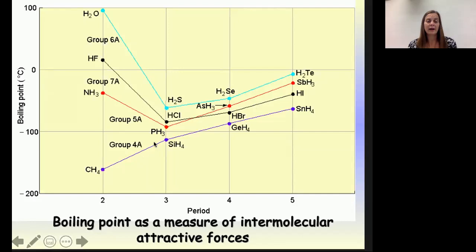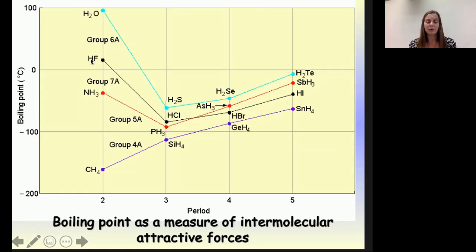And we're showing how as their mass increases, these have stronger intermolecular forces, which means they have higher boiling points. This group right here is a huge exception. And the reason that this group right here is a huge exception is that when hydrogen is bonded to oxygen or nitrogen or fluorine, it has hydrogen bonding.